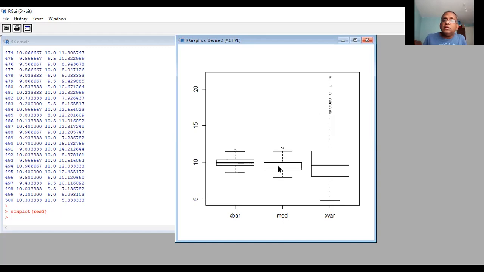The second one is a little bit odd because, as you saw from the simulated data, the sample median is defined as the middle value in the data when you arrange it from the smallest to the largest. Therefore, the sample median has to be equal to one of the data values.